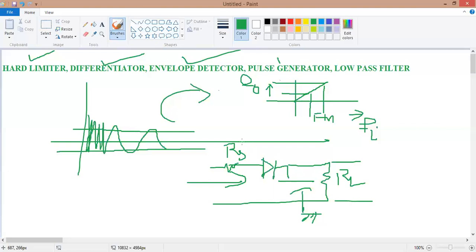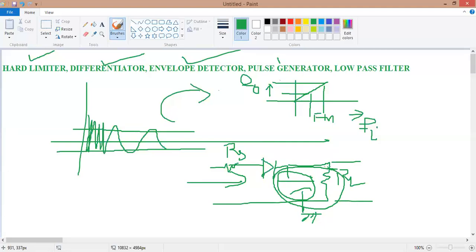After that, what is the difference between rectifier and this circuitry? One most important thing is this capacitance that may be added over here, and this is now acting like an RC circuit.